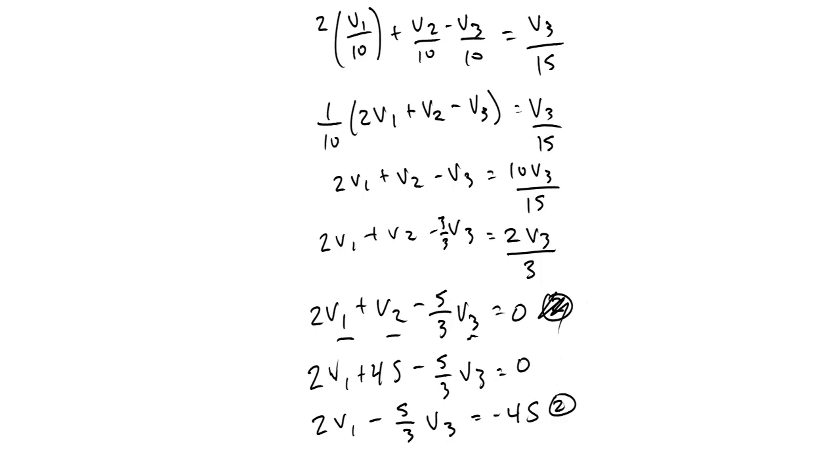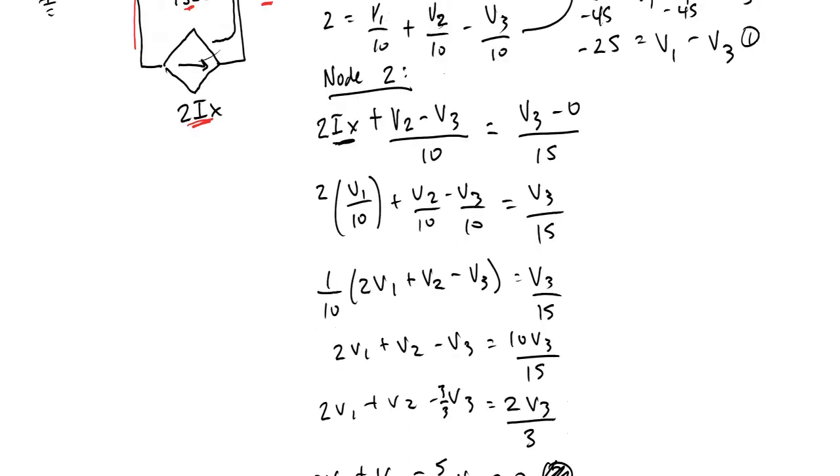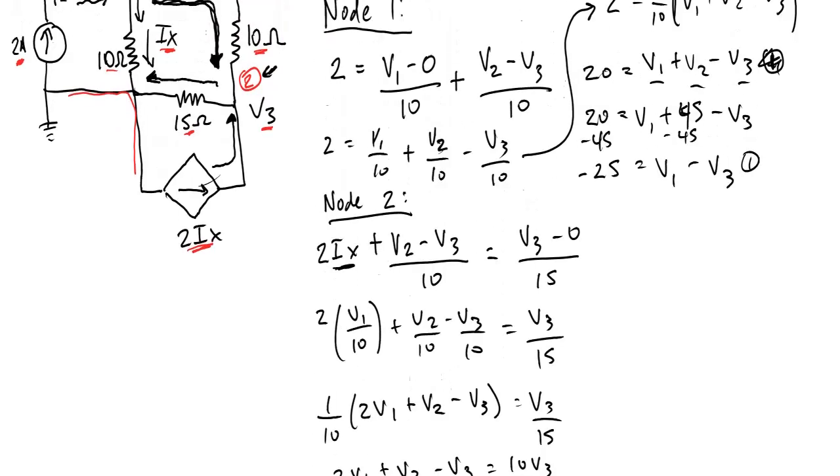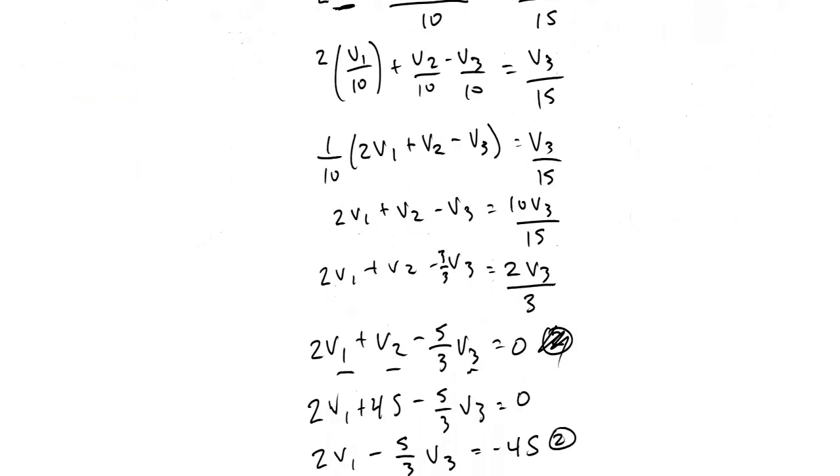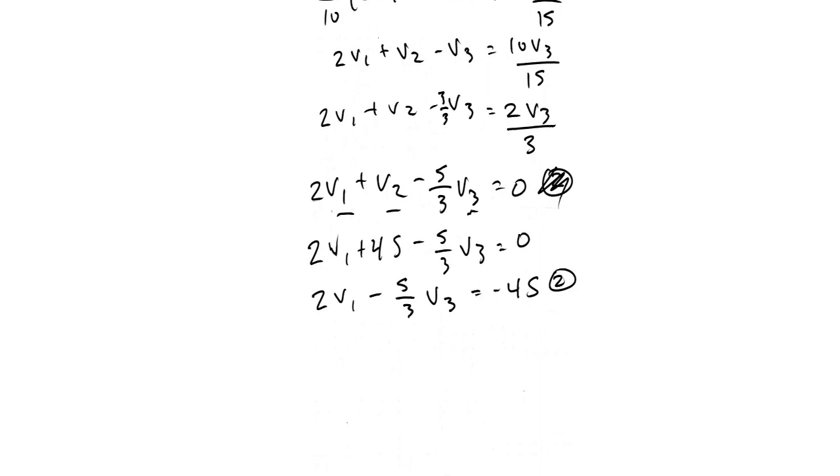Okay. So now we have two equations, two unknowns. Let's go up here. This is going to be super easy to solve for V1. So V1 is going to equal V3 minus 25. That's our new one. So let's go ahead and plug in equation 1 into equation 2 for V1.